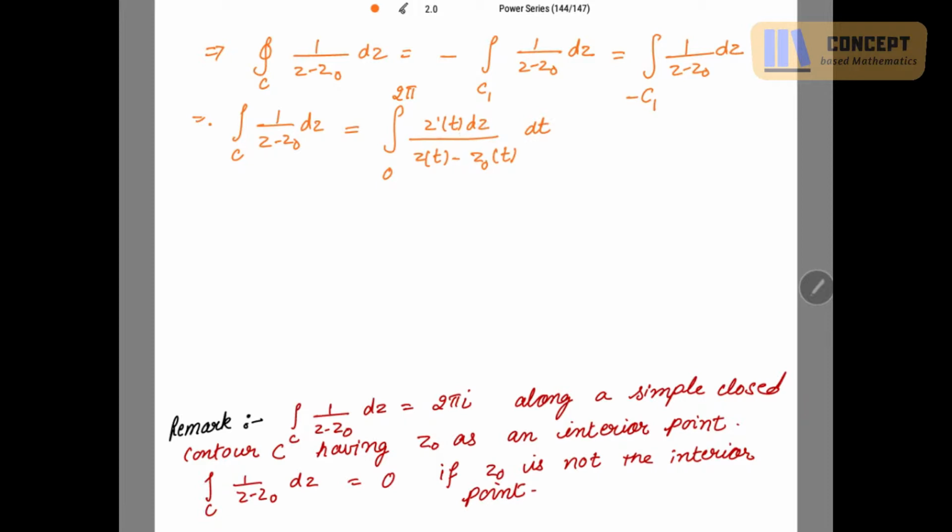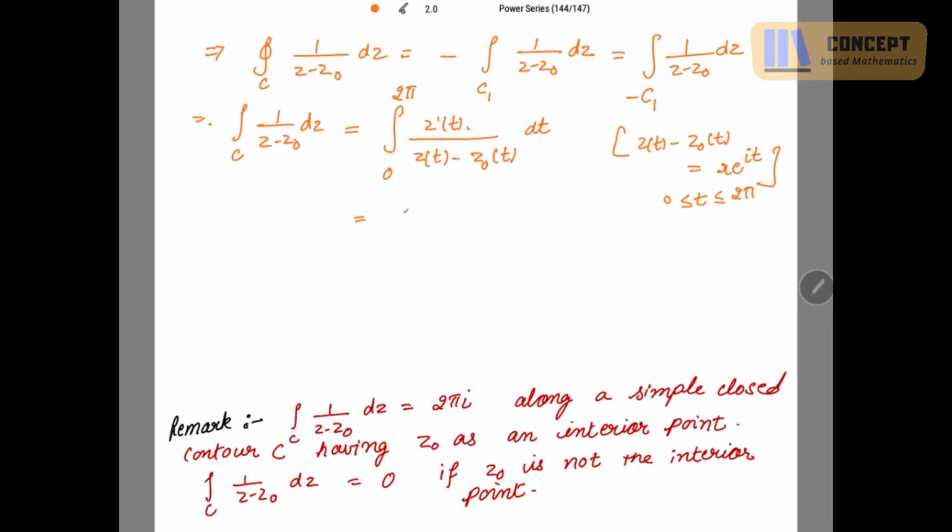Sorry, it is dt, not dz. Okay, so I am parameterizing this, and z of t minus z naught is equal to r e to the power iota t in the polar form, where the limits for t are from 0 to 2 pi.